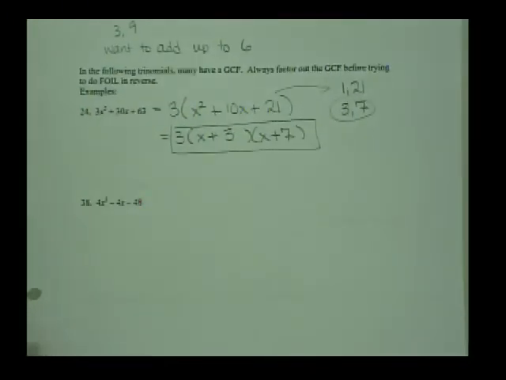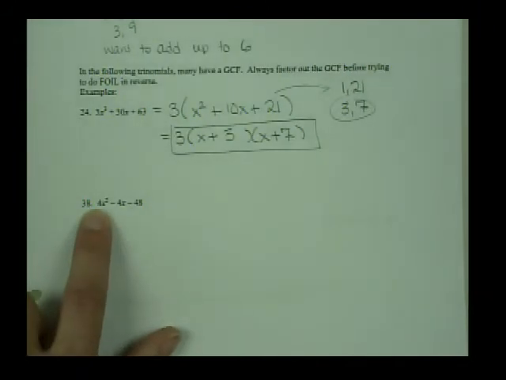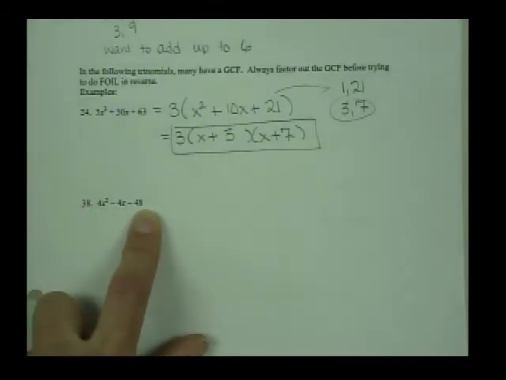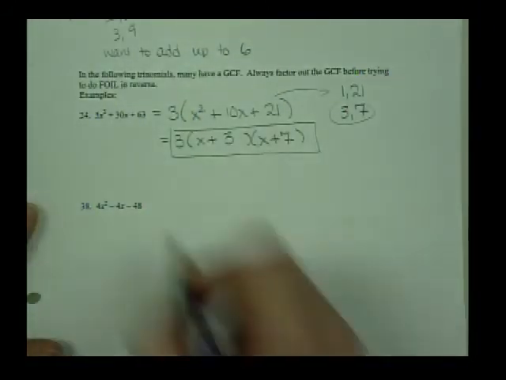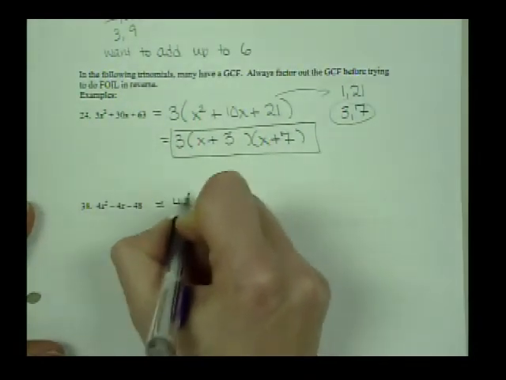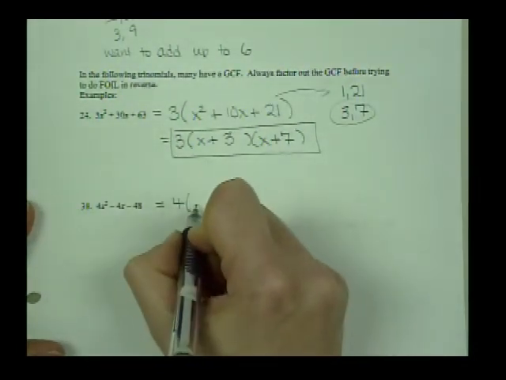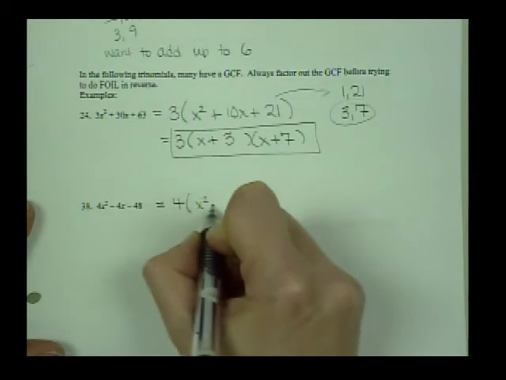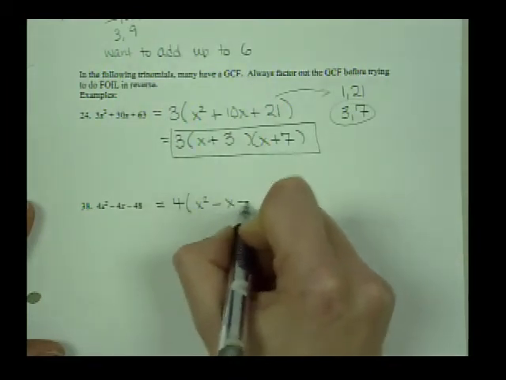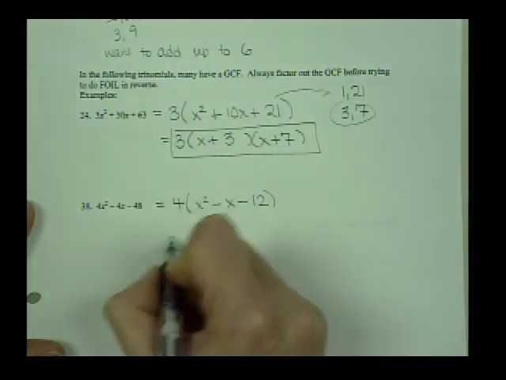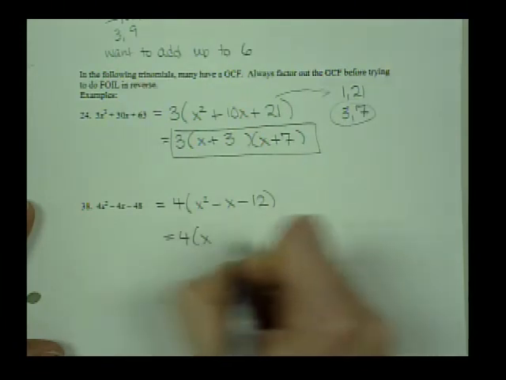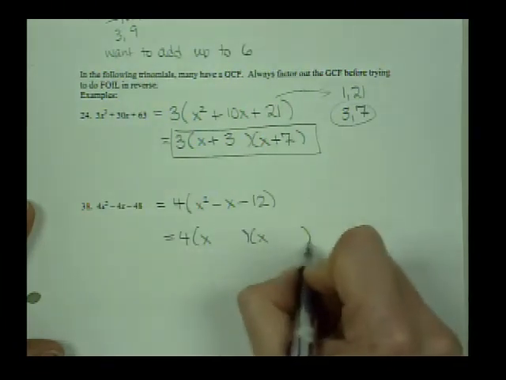Okay, 38, again, has a number in front of x squared. Does 4 go into everything in that? Yes, so we'll factor out the 4, and we're left with what? X squared minus x minus 12. Okay, so now it's just x squared, so we can deal with x and x. And what are our signs?